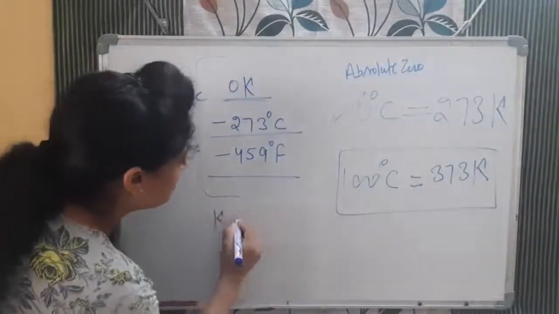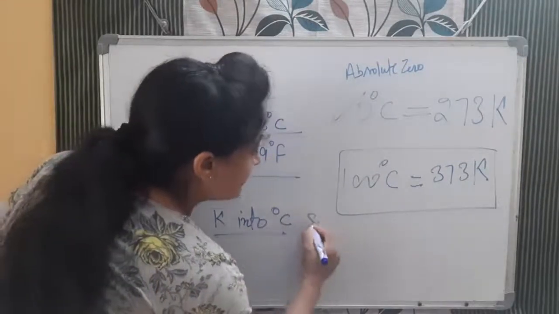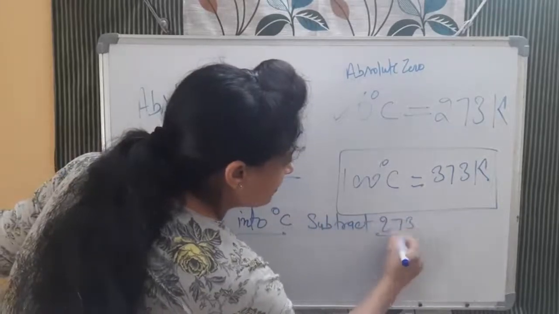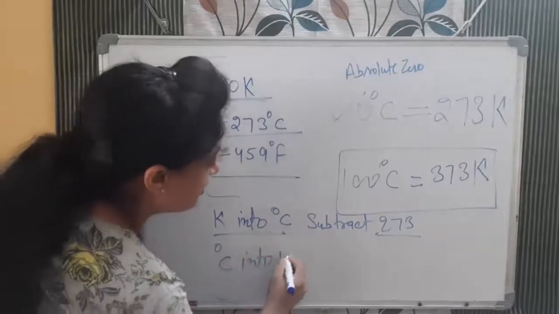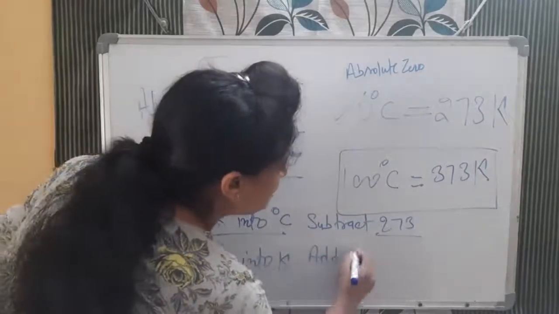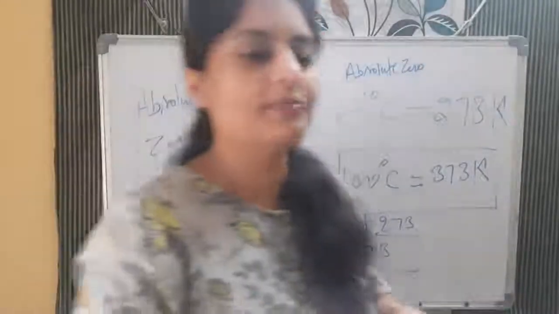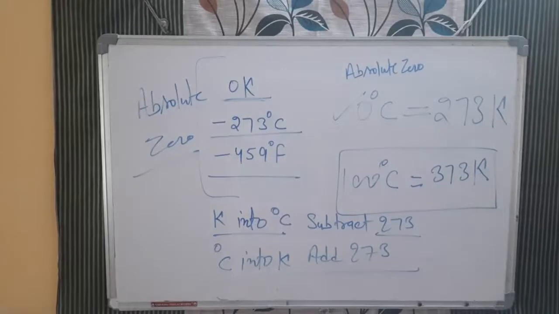If you are converting Kelvin into degree Celsius, then subtract 273. And if you are converting degree Celsius into Kelvin, then add 273. So like this you can convert. These are the three main scales that you can use to find out the temperature all over the world.